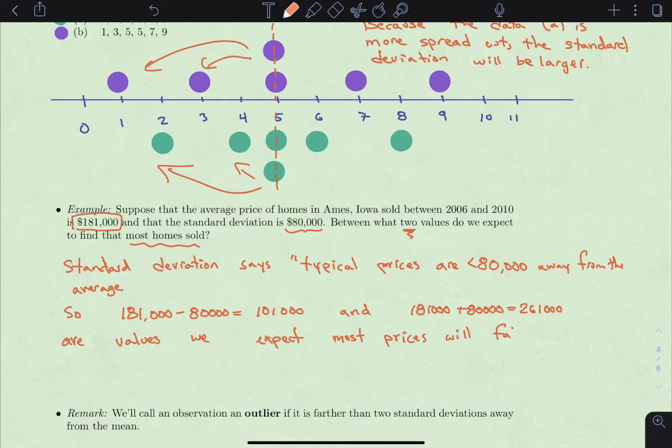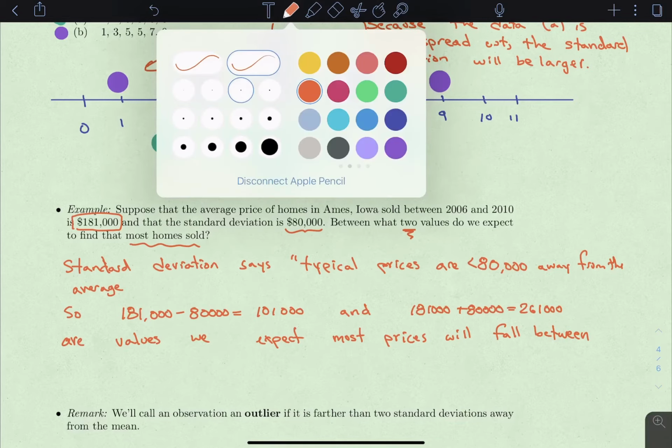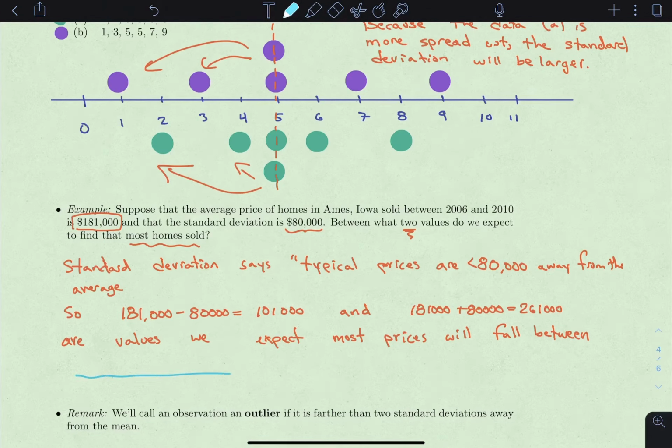It's like, okay, there's a center at the average. And we know that the prices of homes will vary some from that center. But it'll be somewhat surprising if you vary more than the standard deviation away.